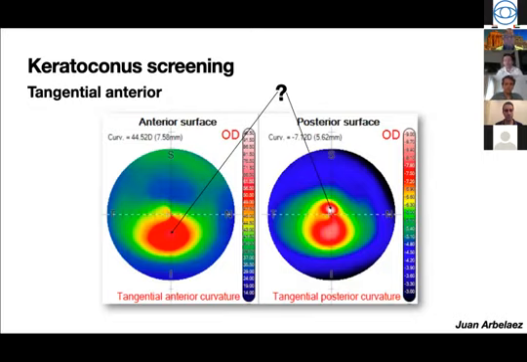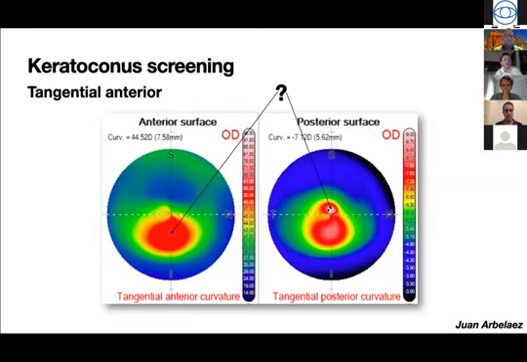As we know, everybody is aware of the benefits of tangential maps over sagittal maps, but sometimes we wonder if the steepest point is the right location of the cone. For example, in this image, you can see in the anterior curvature and the posterior curvature that it is located in two different places.